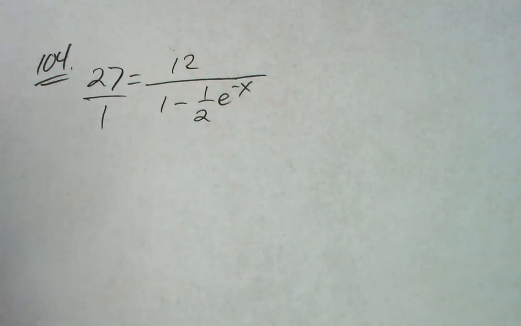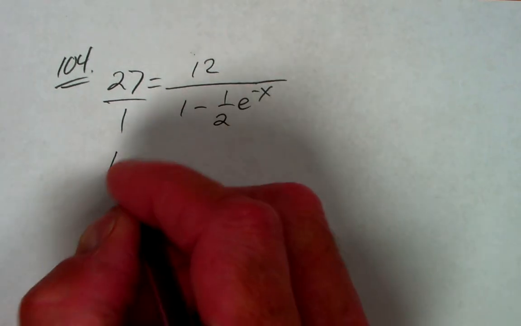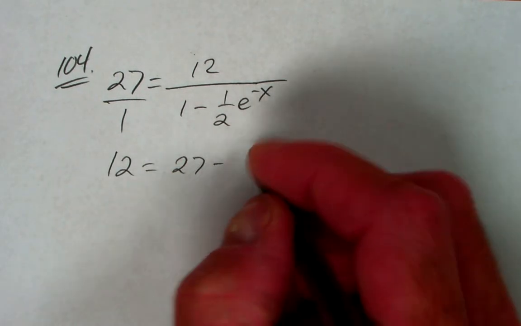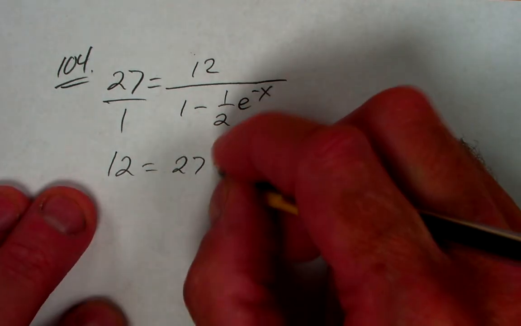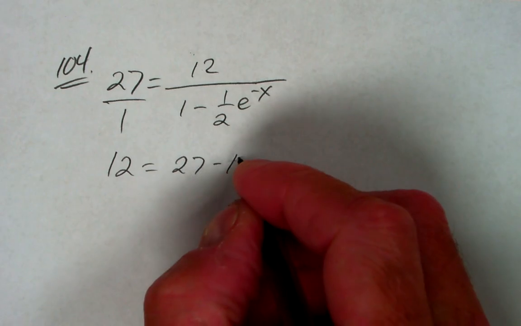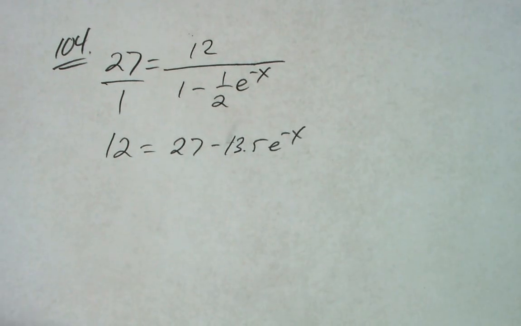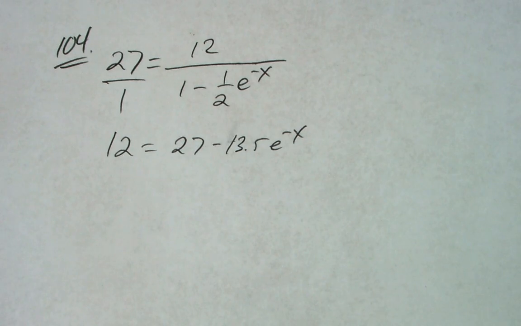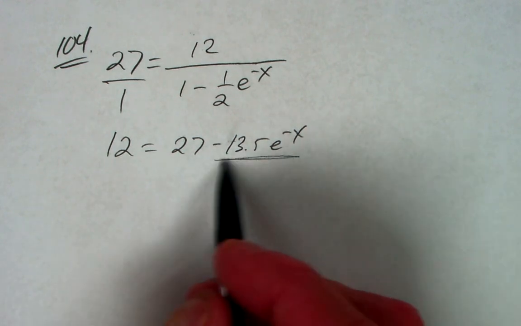Here's my hint to you. Cross multiply. So you get 12 equals 27 minus 13.5. I'll go ahead and do it that way then. Okay. I can't, this has an e to the x, so I got to leave that alone.